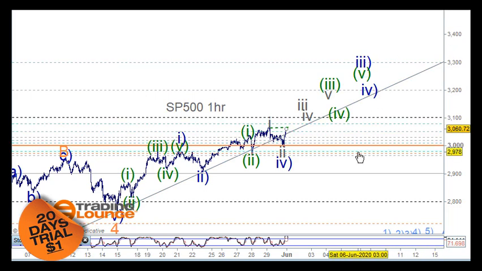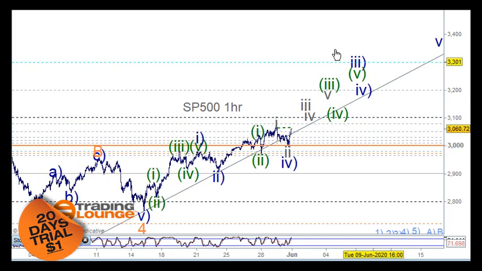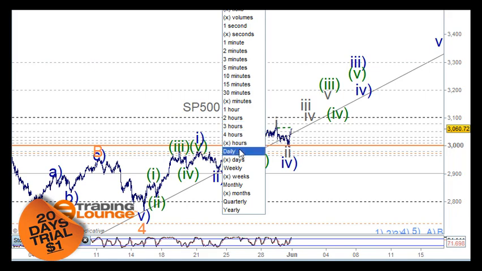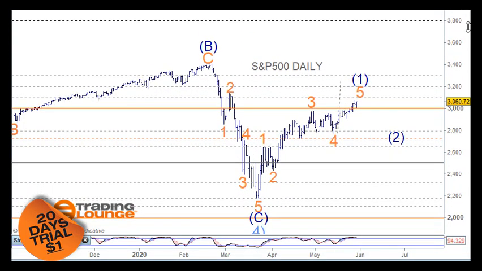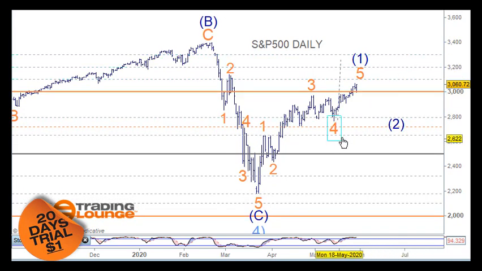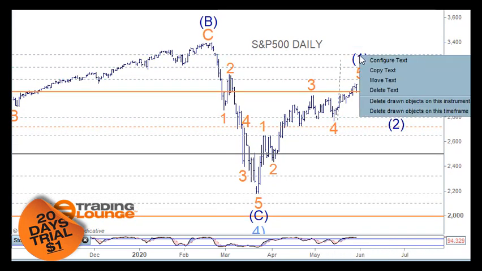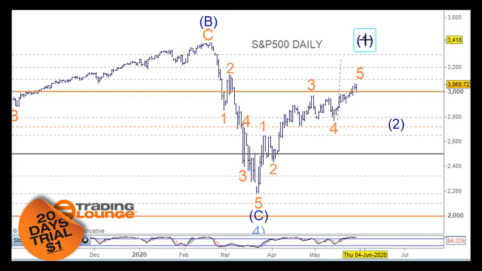If we go back to the daily chart here, that one that I just talked about will take us higher towards this top area, up through here somewhere, and then that will create the sell-off for this wave 2 at that point. So we'll see how we go.